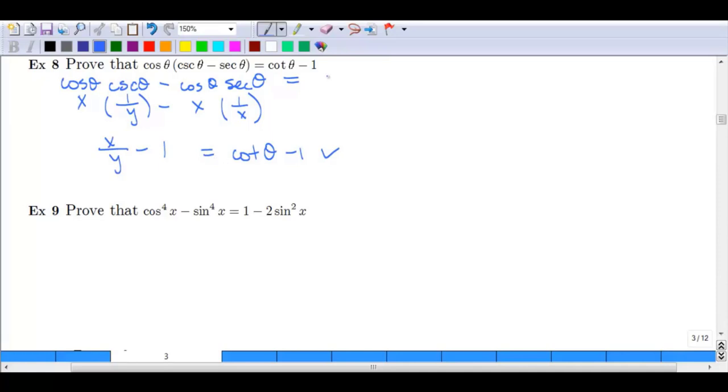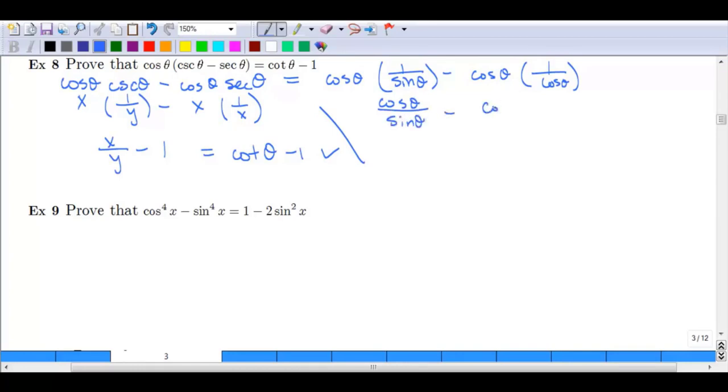If instead we wanted to stick with the trig functions instead of the x and y, we have cosine of theta times 1 over the sine of theta minus cosine of theta times 1 over cosine of theta, and you can see how this is going in the same direction. You end up with cosine of theta over sine of theta minus cosine of theta over cosine of theta, which is 1.